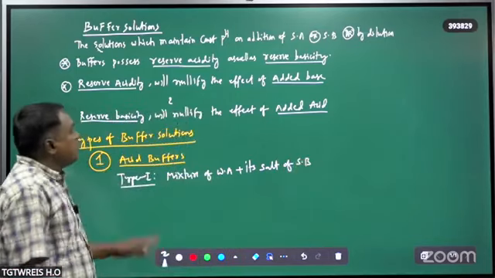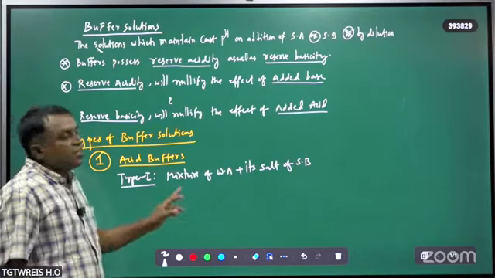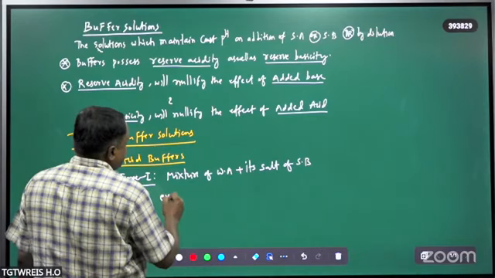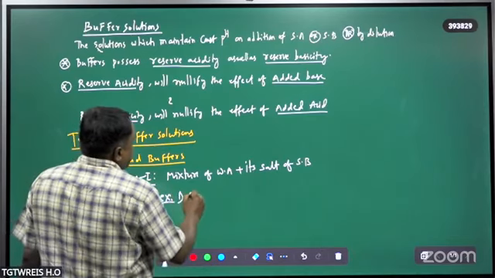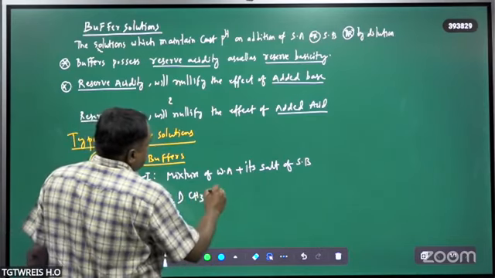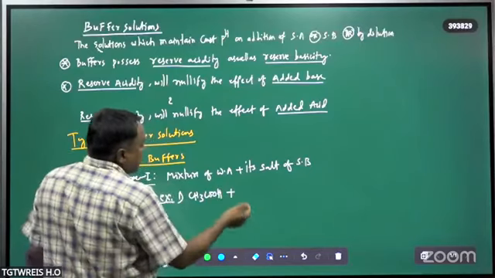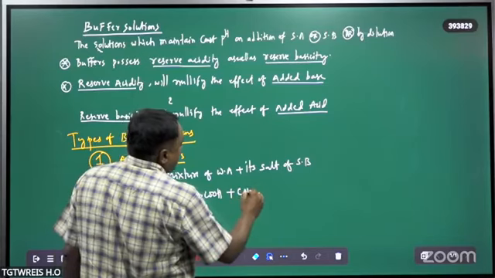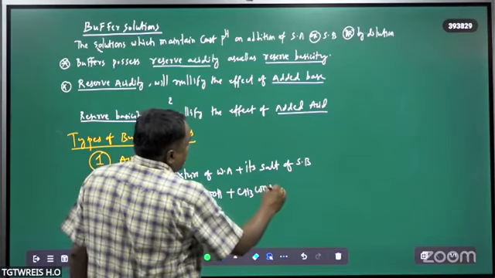So what is a mixture of weak acid and its salt of strong base? For example, acetic acid is the weak acid and its conjugate is CH3COO minus Na.